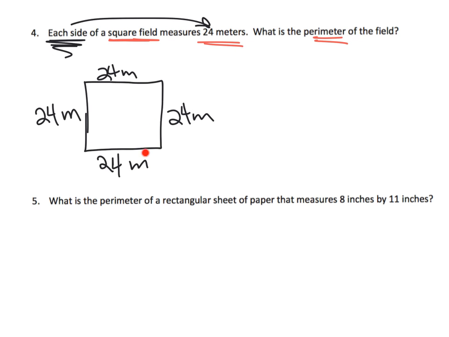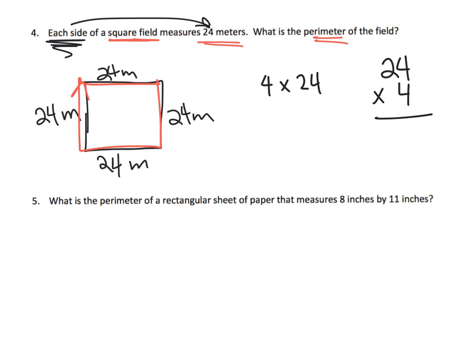So we're going to have to find the perimeter, which is the distance around that figure. A quick way to do that might be 4 times 24, but we might have to stack it up, 4 times 24 like that, to calculate the perimeter of that figure.